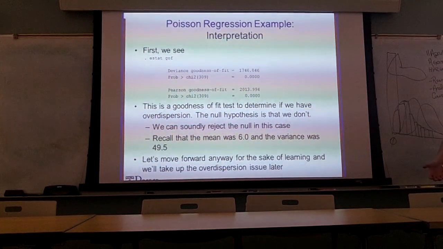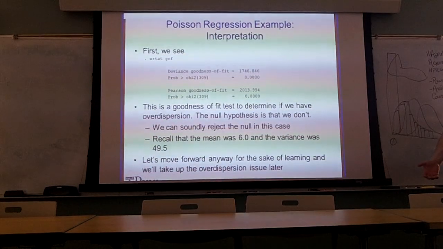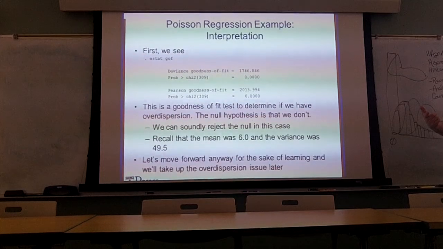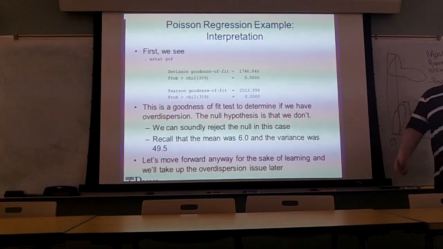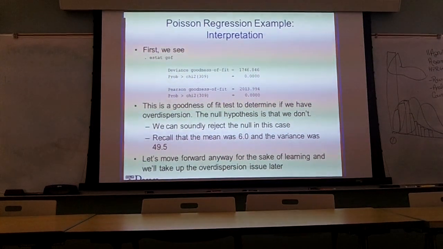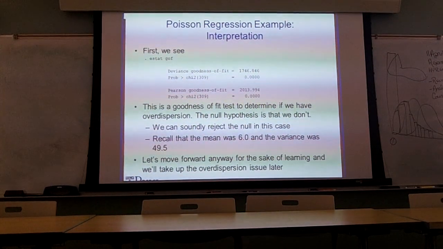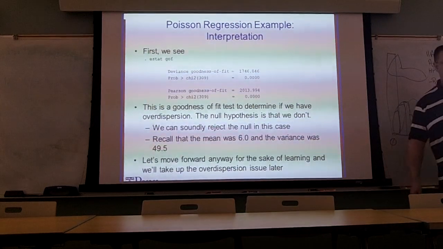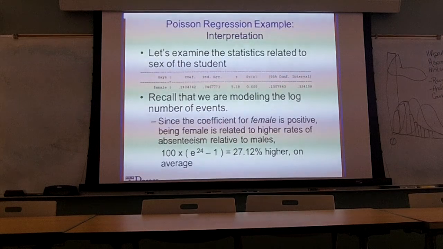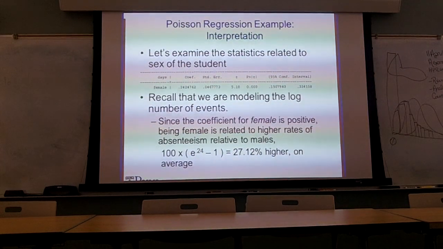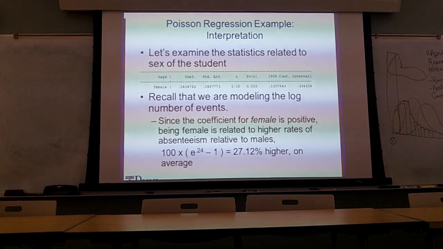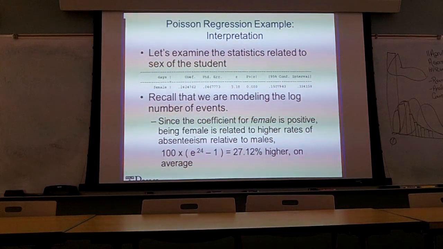So we have to ask the question, is the model wrong or are the data wrong? Most likely the model. So let's move ahead and see what happens when we fit these models in the presence of overdispersion.